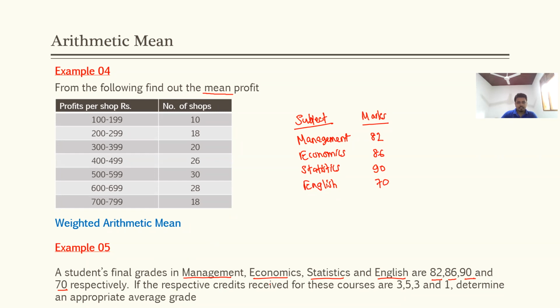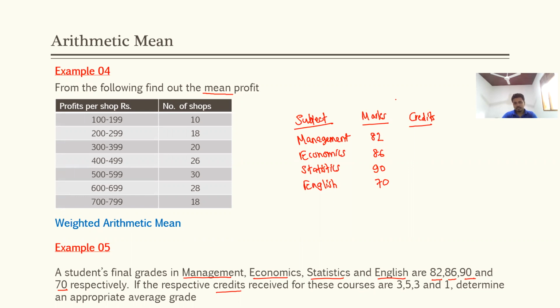If the respective credits received for these courses are as follows. Here in this semester, for statistics, intermediate financial accounting, and economics, the allocated credit value per subject is 4. For Econ, Stat, and IFA, these three subjects, each has been allocated 4 credits.